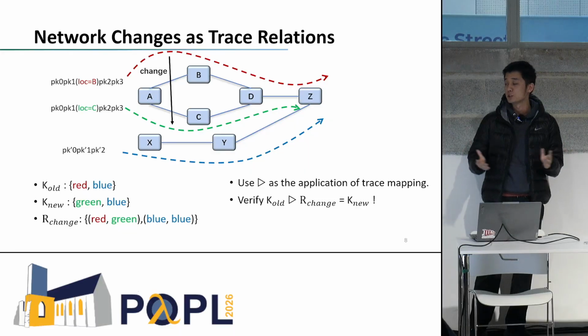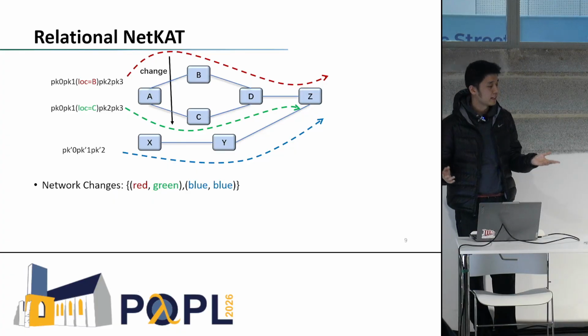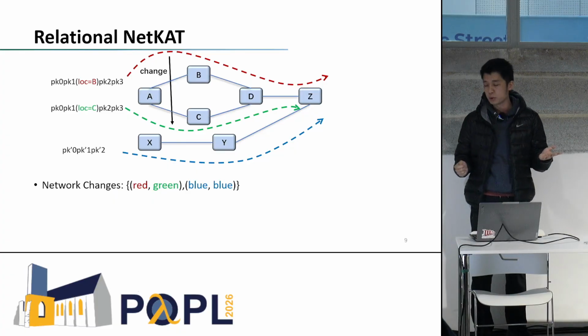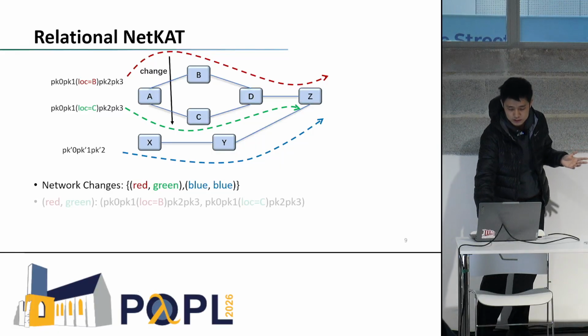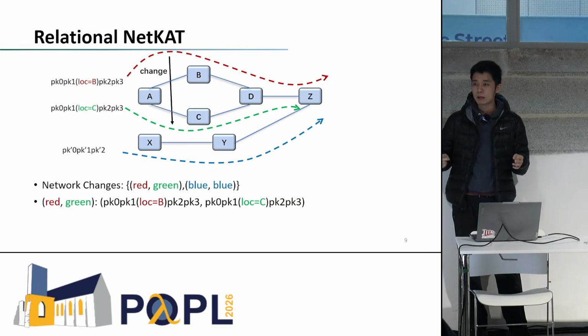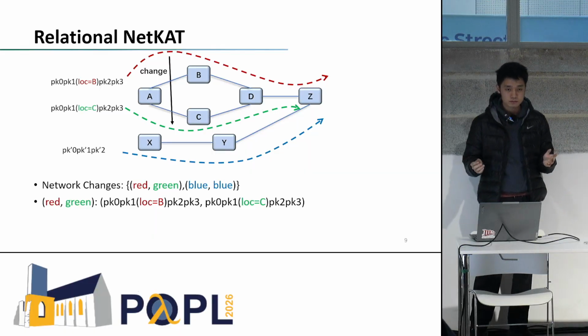The next step is to introduce the design of relational NetKAT, which is the set of atomics for describing this R_change relation. So this network change contains two trace pairs, which are red to green and blue to blue. Let's first focus on the red to green trace, which is a trace pair of PK0, PK1, PK2, PK3 to the rerouting of itself.